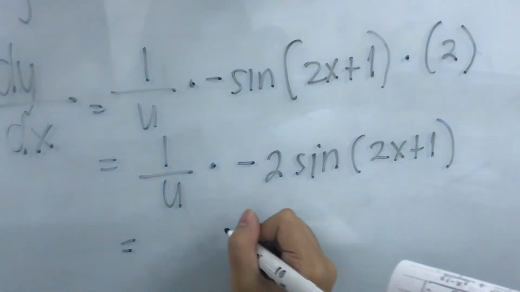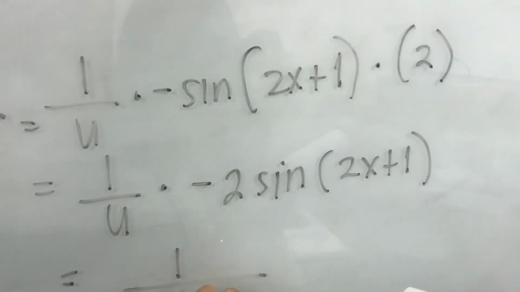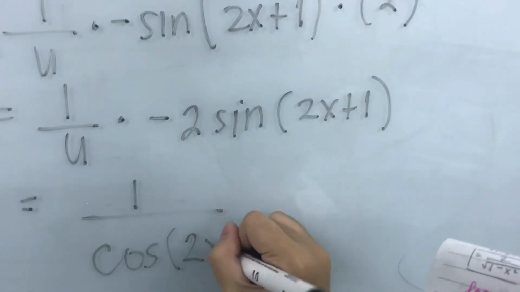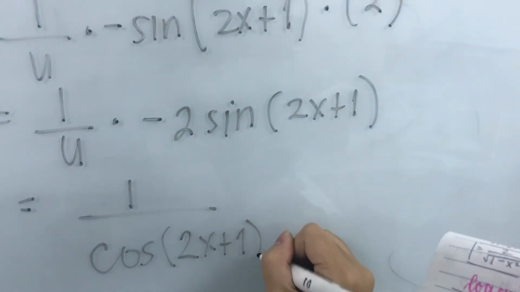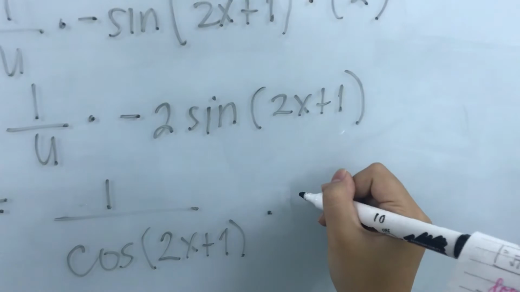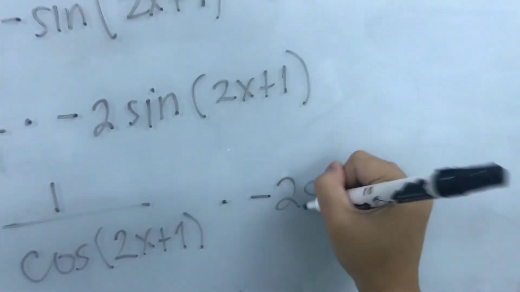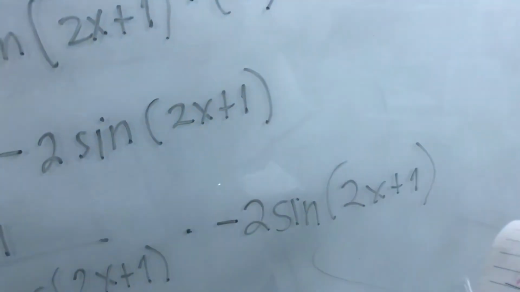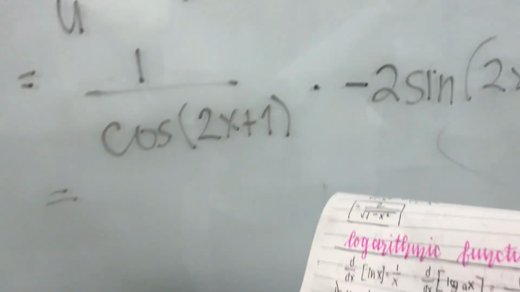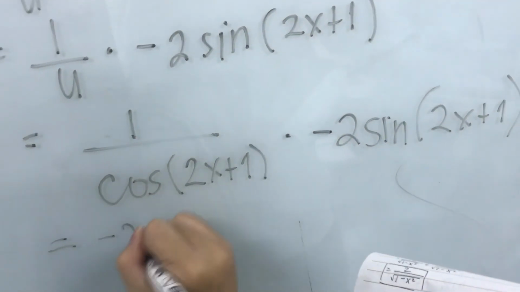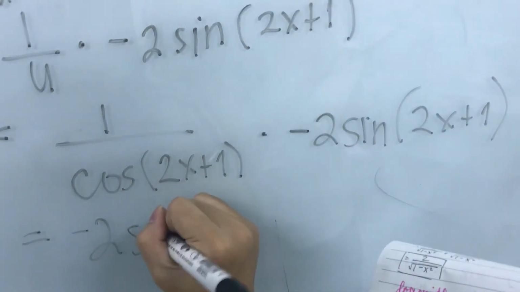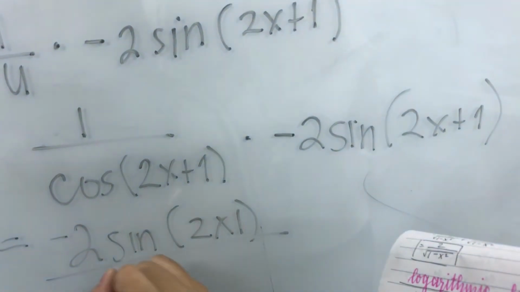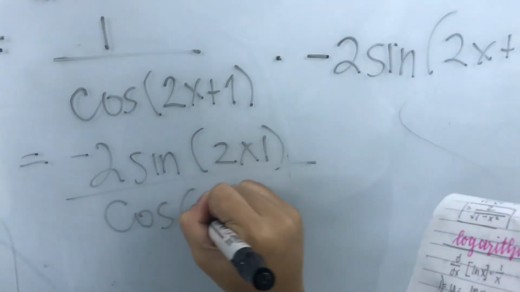It will be 1 over cosine 2x plus 1 multiplied by negative 2 sine 2x plus 1. Then it will be equal to negative 2 sine 2x plus 1 over cosine 2x plus 1.